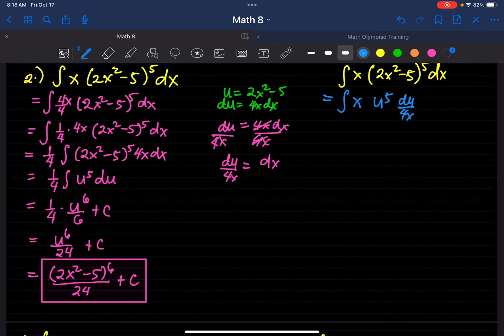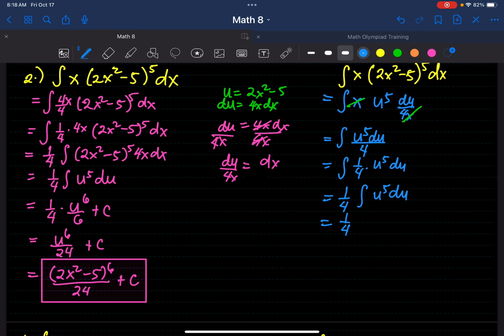Simplify, cancel x. This is equivalent to integral of u raised to 5 du over 4. Let's factor. So we have integral of 1/4 times u raised to 5 du, so 1/4 integral of u raised to 5 du.